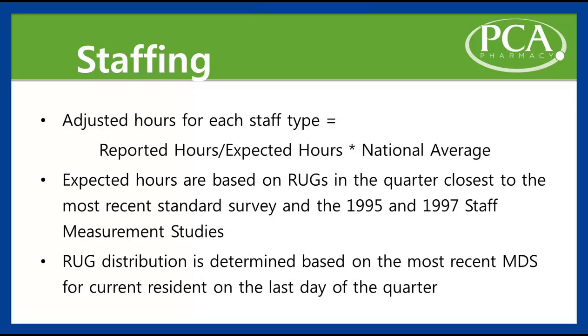If they do have RUG data available for the quarter that contains that target date, that's what they use for the case mix adjustment. If RUG data is not available for that quarter, then they use the quarter that's closest to the target date, either before or after. When RUG data does become available later, the staffing rating is recalculated. What they do is they hold the staffing rating constant until new staffing data is collected for the facility.